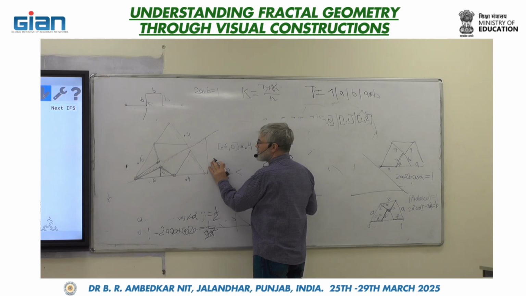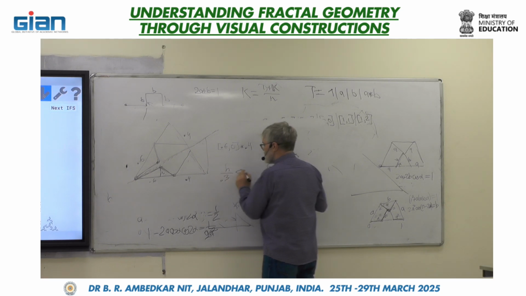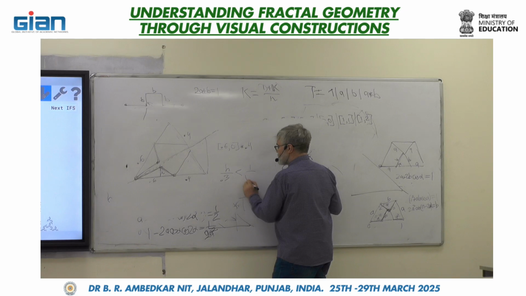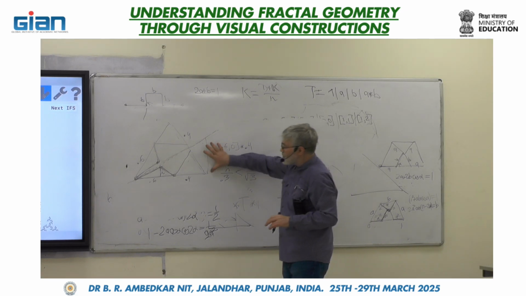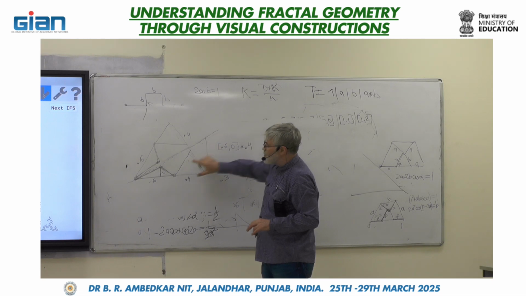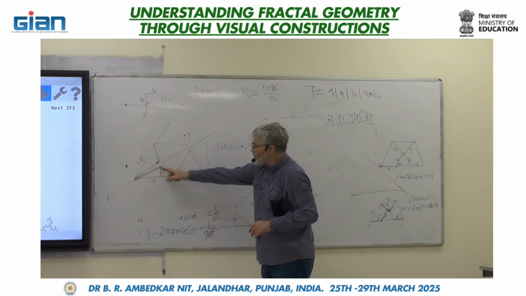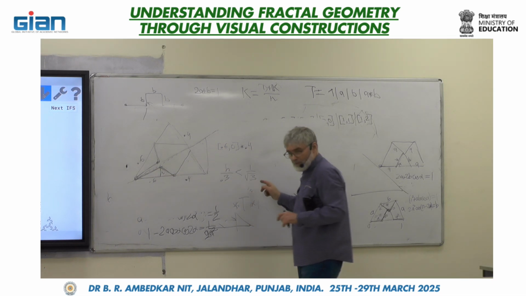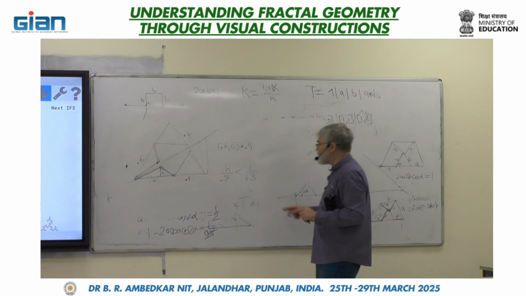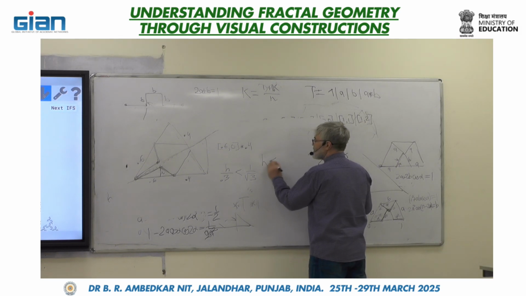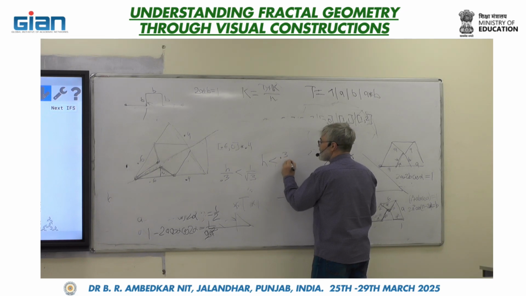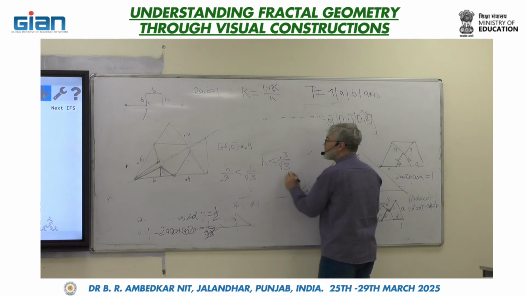This is 1 divided by square root of 3, right? Because the tangent of pi divided by 6 is 1 divided by square root of 3, right? So h is less than 0.3 divided by square root of 3.